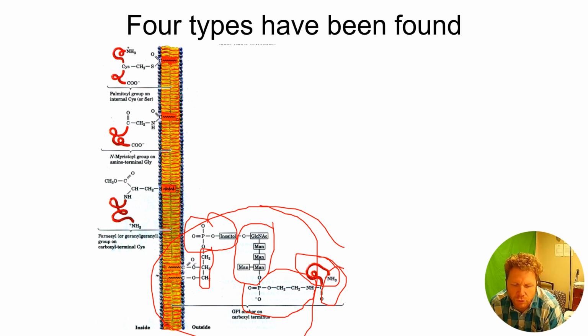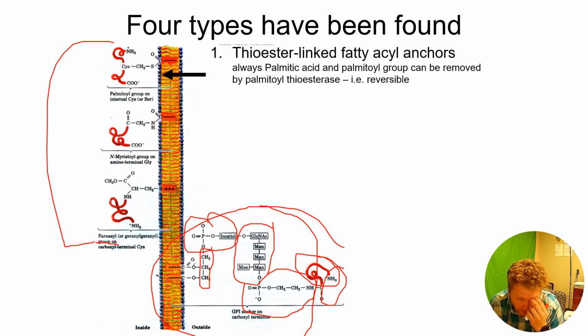Okay, so that's what we were just looking at. These other groups up here are ways that we can link things like farnesyl or a geranyl group to a protein. Now, I want to go into each one of these because it's not just farnesyl or geranyl that links a protein and gets it associated with a membrane.